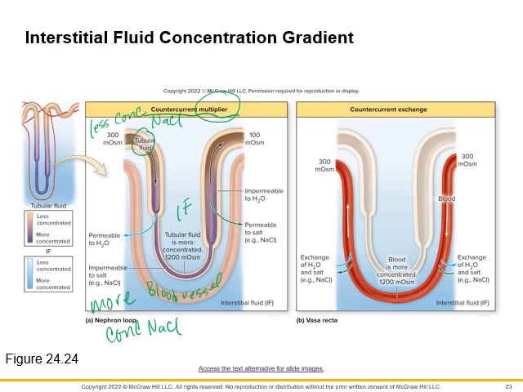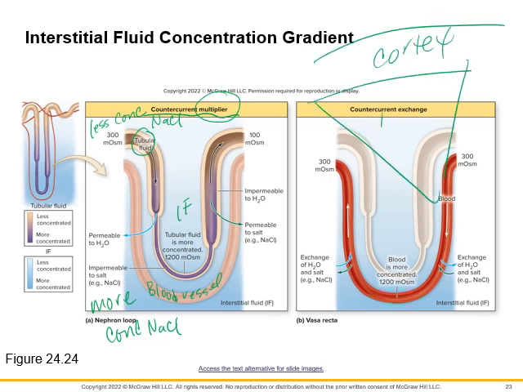And what are we looking at? We're looking at cortex to medulla. Remember, this nephron loop goes down into the medulla. So as we're moving this way, we have more salt concentration. That's what they're trying to show you with the blue and the white.